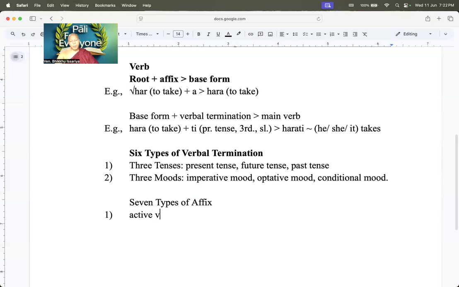the active voice affix. And the second one is the passive voice affix. And the third one is the causative affix.